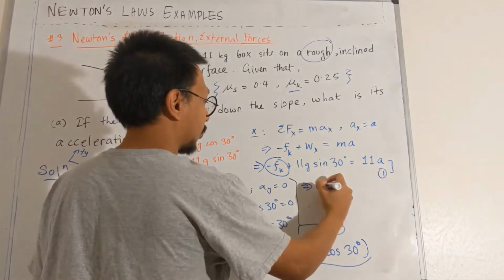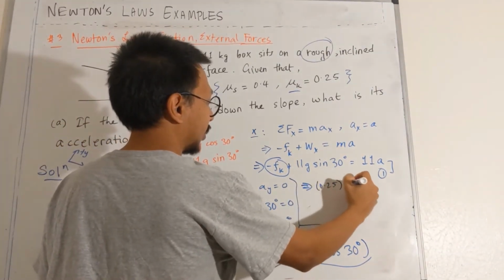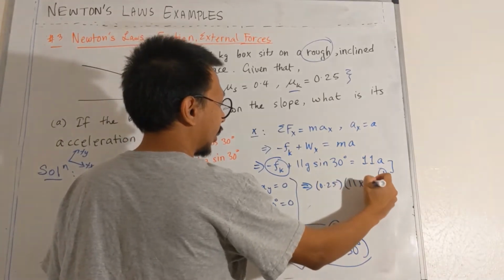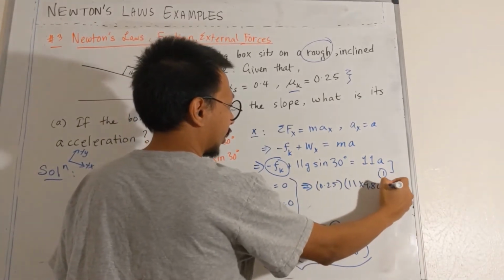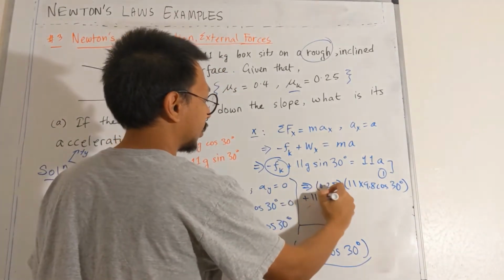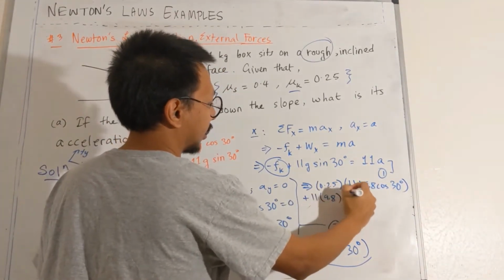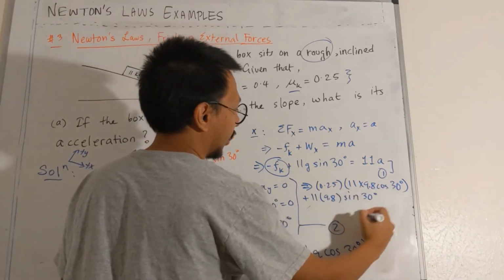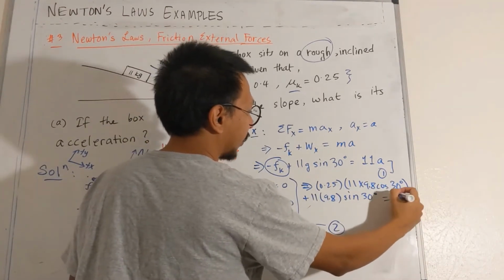Fk is 0.25 times 11 times 9.8 times cosine 30 plus 11 times 9.8 sine 30 is equal to 11a.